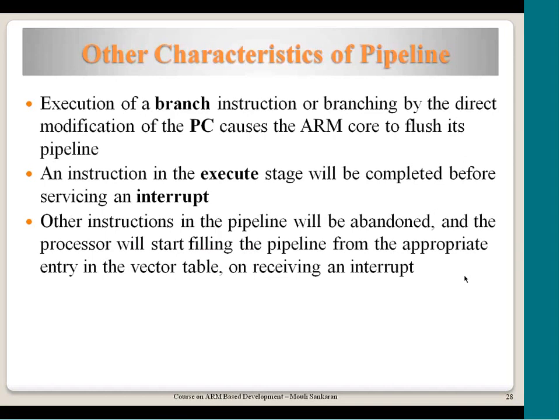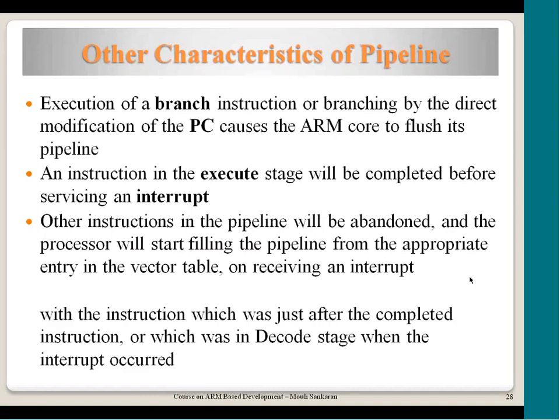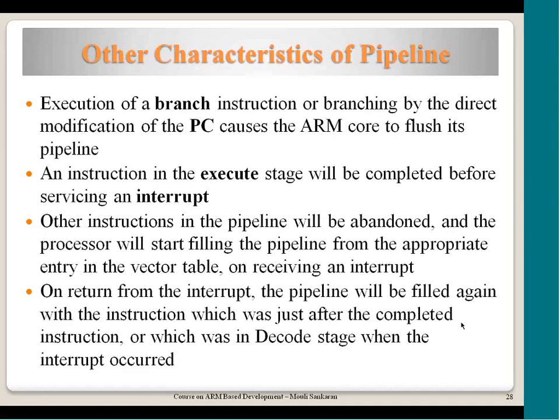So the pipeline needs to be completely flushed, and a new value of the PC stored in the interrupt vector has to be loaded, and it has to start fresh. On return from the interrupt, the pipeline will be refilled again with the instruction which was just after the completed instruction.